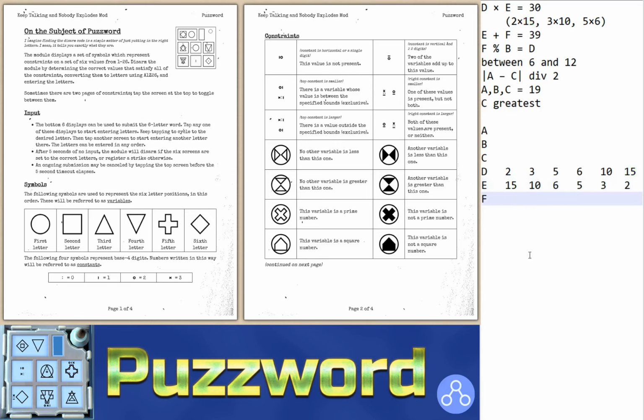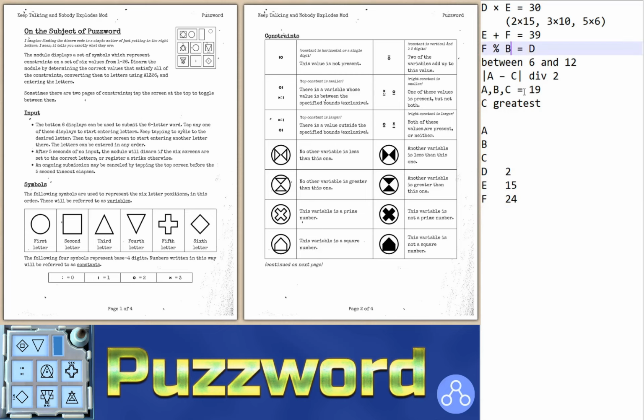Well, what is 39 minus 15? That would be 24. 39 minus 10 would give you 29, which is already too large, and all of the others would give you an even larger number. Remember, all of these have to be 26 or less. So all of these possibilities are out of the question, and we now know these values for definite.